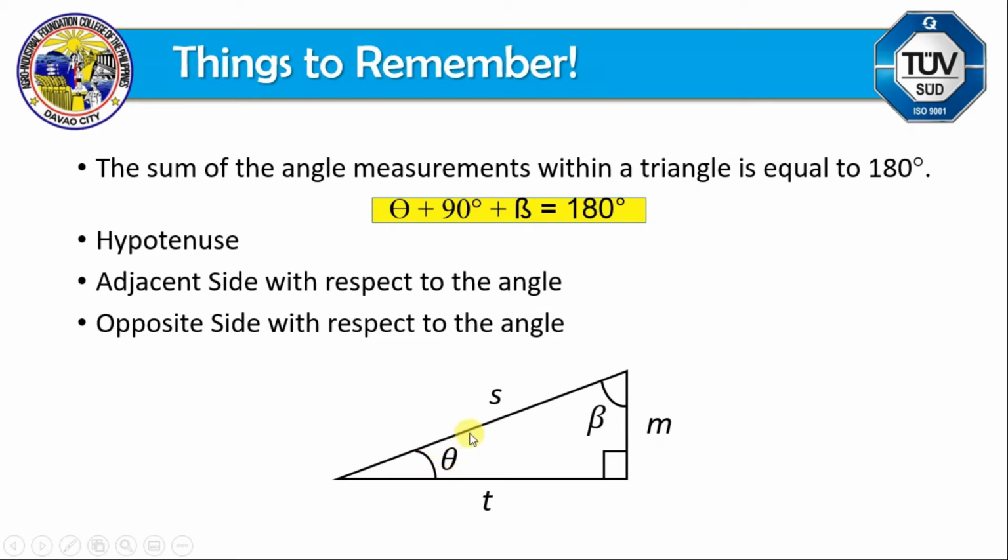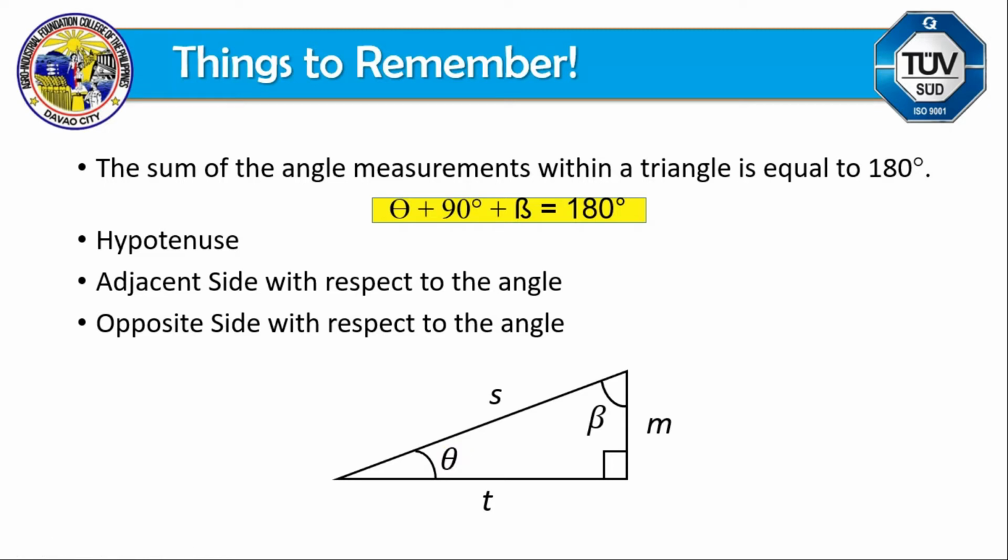But since ito, we already determined this one to be the hypotenuse of our triangle, walang ibang adjacent side kundi ito lang. So, this T. T is the adjacent side with respect to angle theta, and M is the opposite side with respect to angle theta.